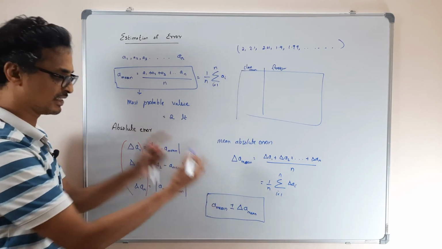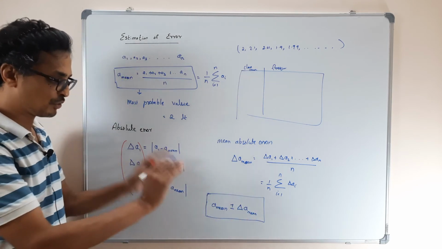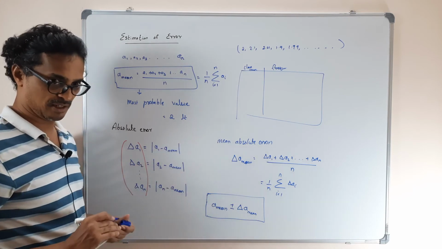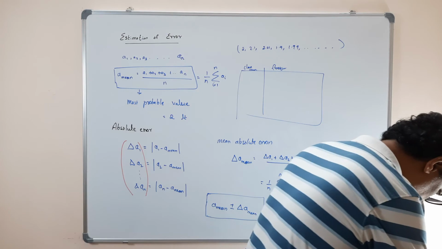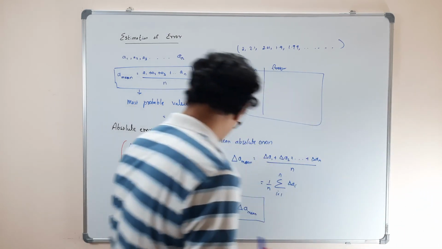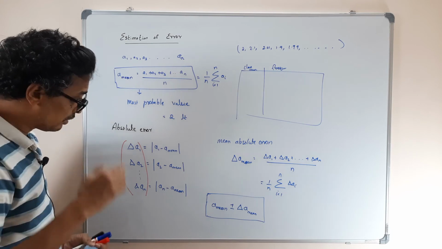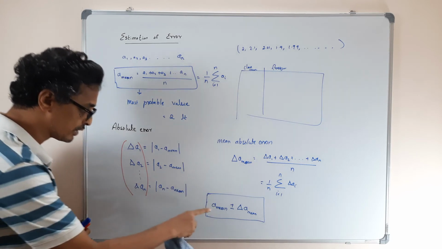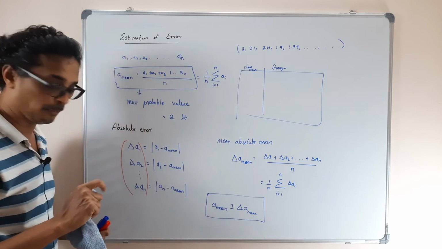When you get this number, that is the proper result of your experiment. So this is the most probable value and the error in the probable value.